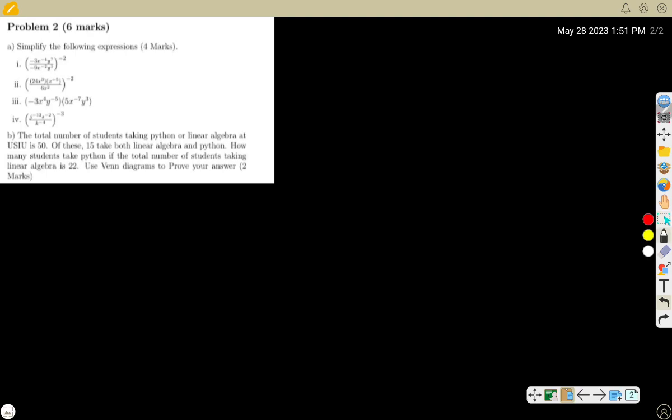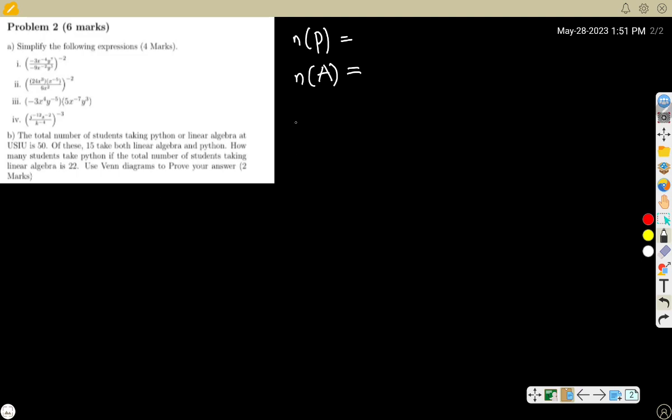So we have the total number of students taking Python. So let me represent Python as P, and linear algebra, let me represent that as A, at USIU is 50. So that is the universal set.